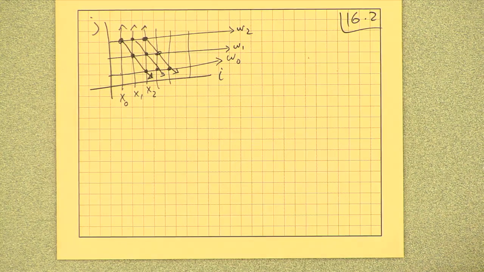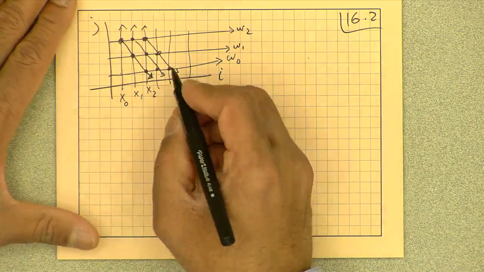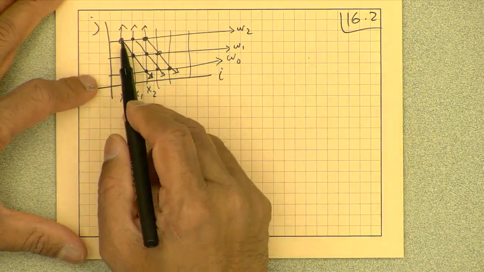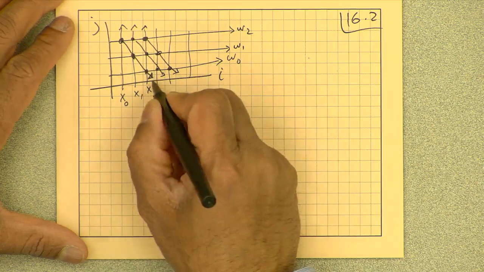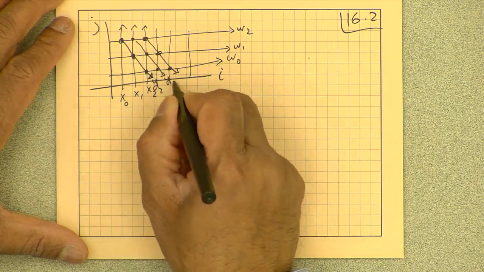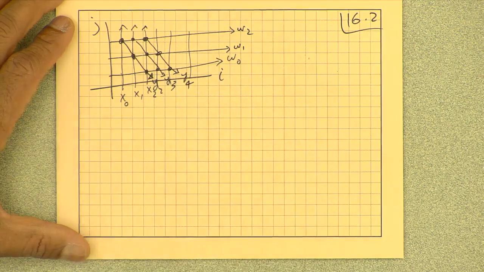The output is going diagonally down. So this will be x0 times W2 plus x1 W1 plus x2 W0, that's y2, this is y3, and this is y4, and so on.